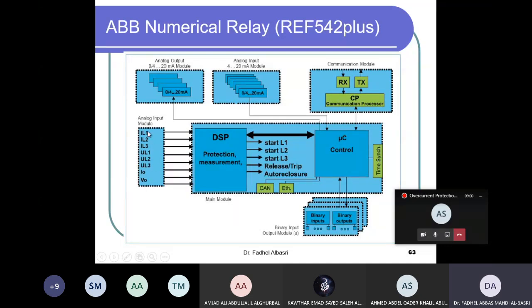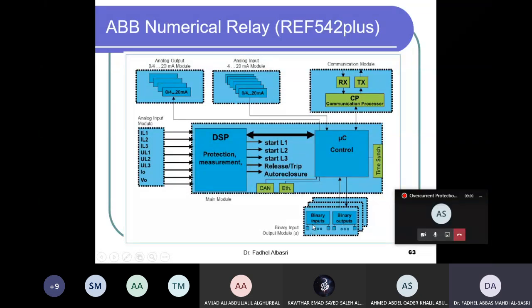Now I have 8 channels here for this relay, and I can also have binary inputs or outputs. Binary output means digital outputs, or the tripping. A trip signal is an example of a binary output.